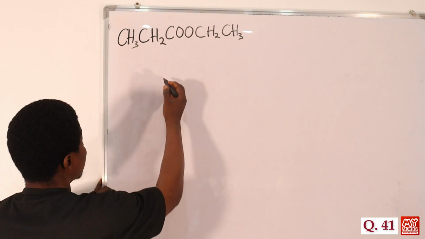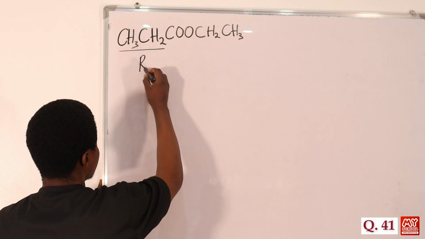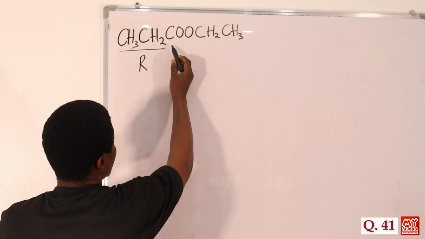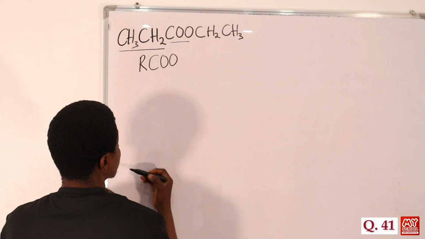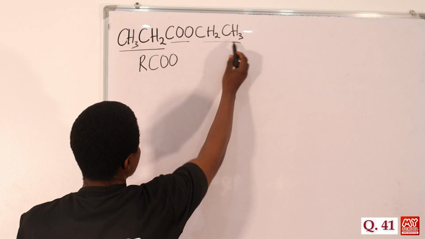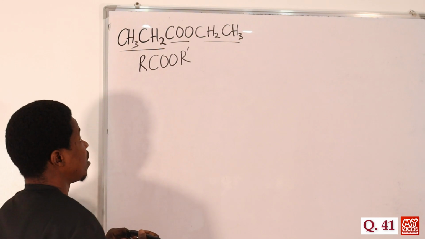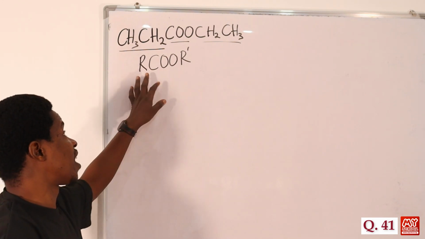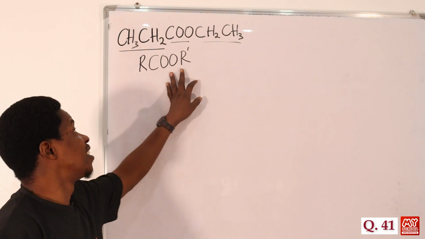Let's say this is R, an alkyl group. Then we have COO, that is a functional group. Then we have CH2CH3, another alkyl group. Of course, this is an alkanoate, an ester that we have in here.